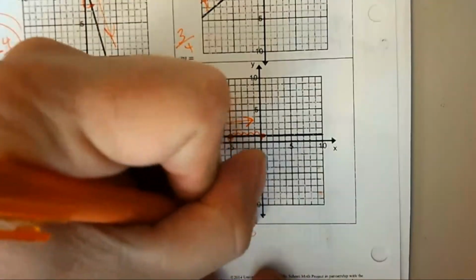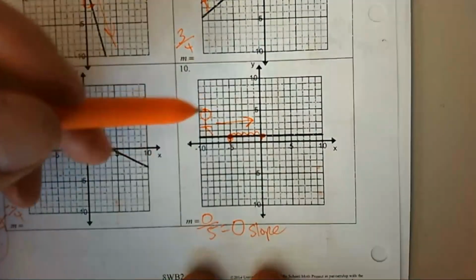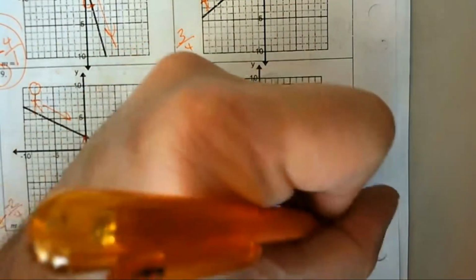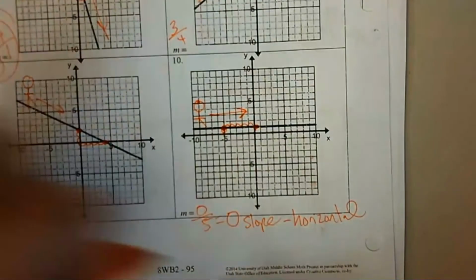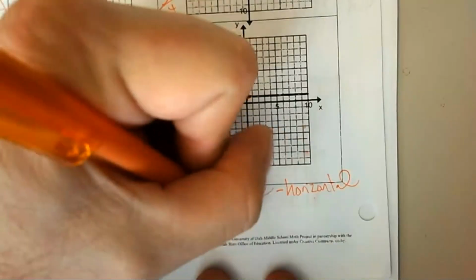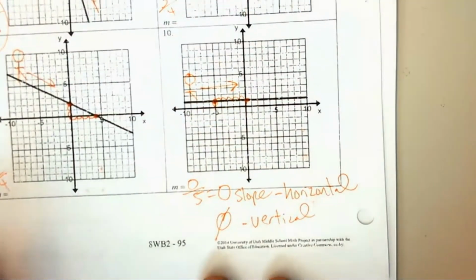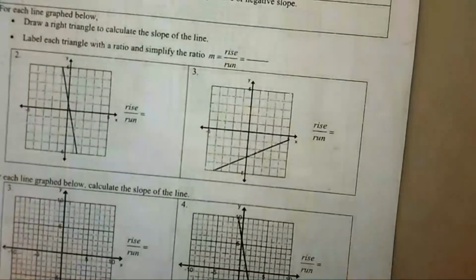So in this case, we say that's got a 0 slope, okay? Just think, horizontal lines have 0 slope, whereas undefined are vertical. Okay, just remember those two. And that is it for today.